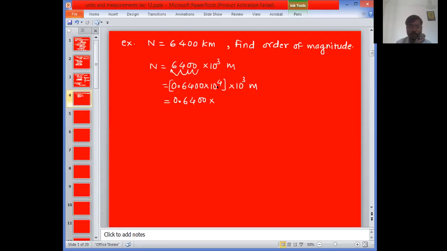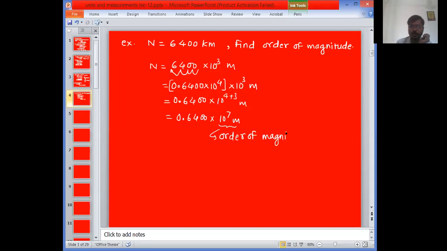So 10 raised to 4 into 10 raised to 3 will become 10 raised to 4 plus 3, with the meter as it is. So it is 0.6400 multiplied by 10 raised to 7 meter. Now this term will be called, along with the unit also, the order of magnitude.